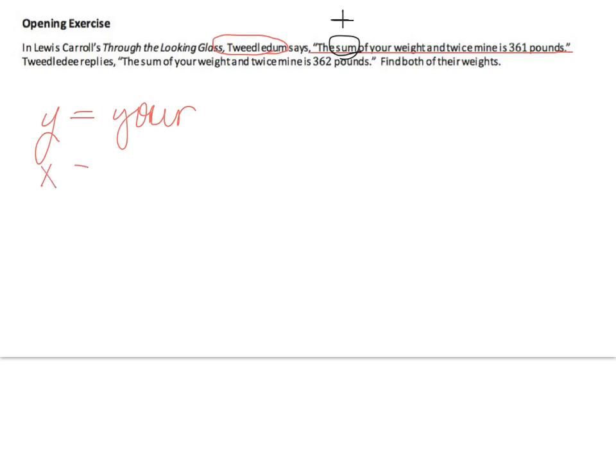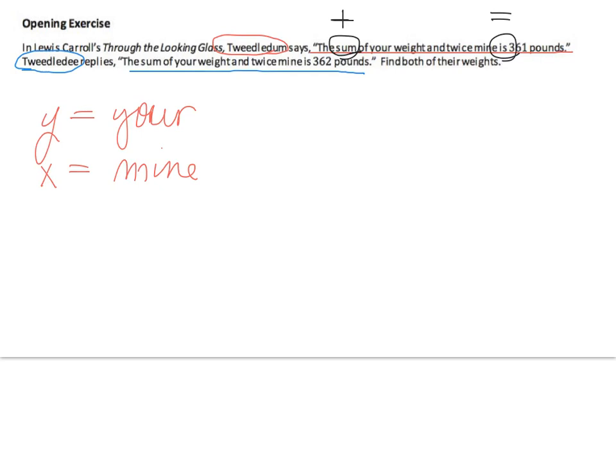So in Tweedledum's case, x is going to be mine. And when we see the word is, we mean equals. Cool? Now, I have Tweedledee replies, the sum of your weight and twice mine is 362 pounds.